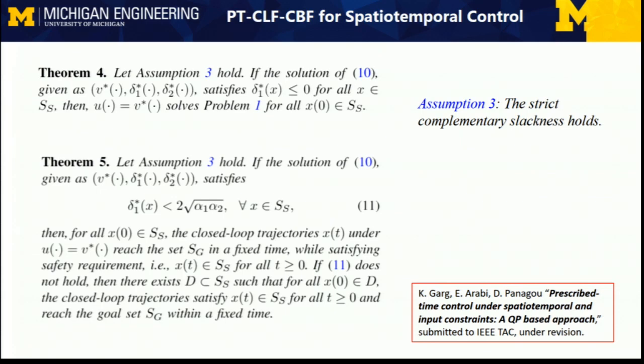So if this condition here is met, then you conclude that the solution of the QP is safe, meaning that the trajectories will always stay within the safe set, and they will be converging within the prescribed time if they start within a domain D. And as you see, this domain D depends on these parameters here, okay?